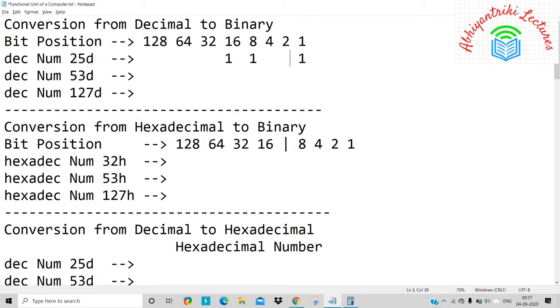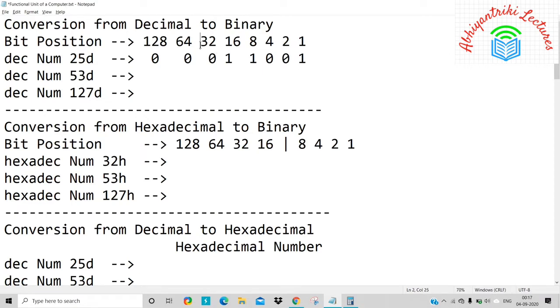The remaining positions become 0, 0, 0, 0, right? And this is also 0, and this is 0, and this is 1, right?